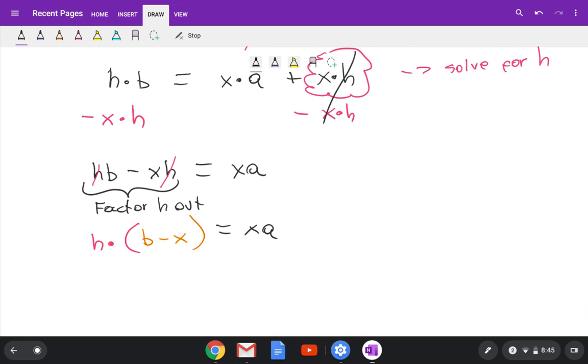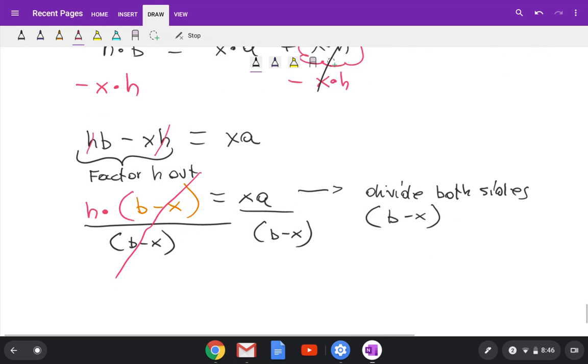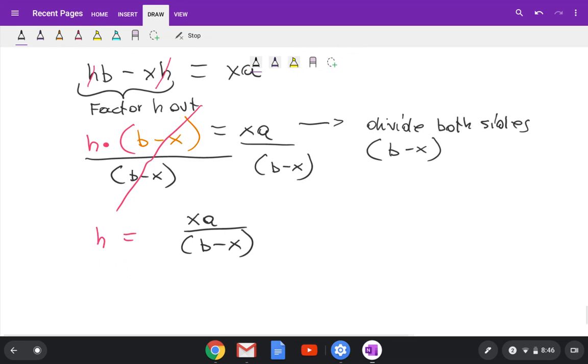And the last step, divide. You need to solve for h, so you have to divide both sides by the expression in the parentheses, which is b minus x. So we're dividing both sides by b minus x. Okay, this part cancels and we end up with h equal to xa over b minus x. And this is our final answer.